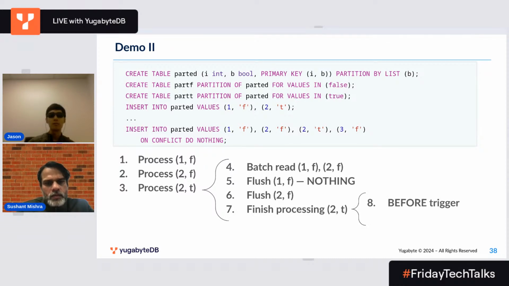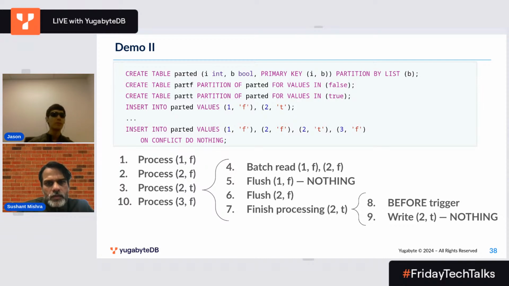This involves doing the before trigger, which will print out how many rows are in the table so far, which should be 3 because we have flushed this 2F in step 6. And then we actually do the write, since this 2T is not going to be involved in batching. So we just directly do the action for 2T, which in this case, since it already exists, is a do nothing action.